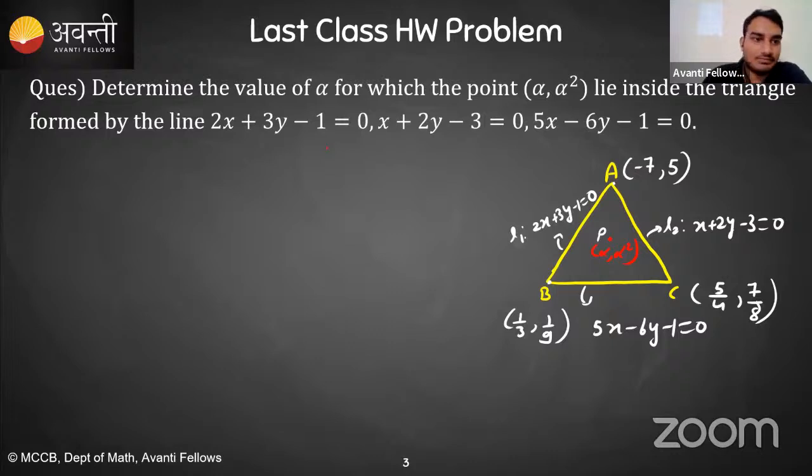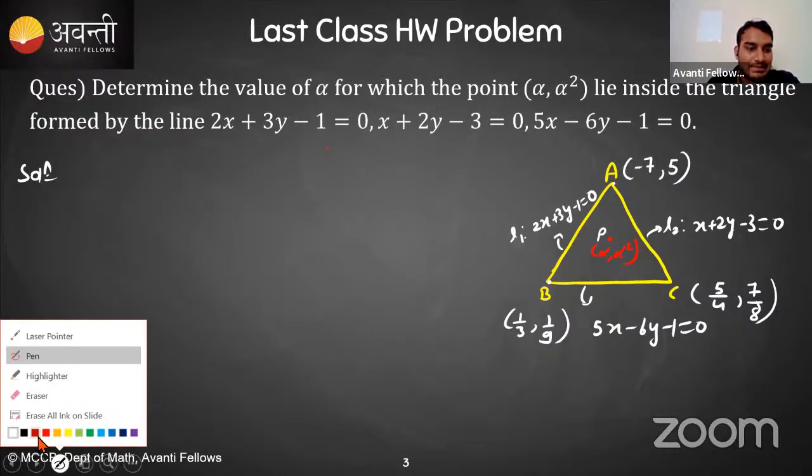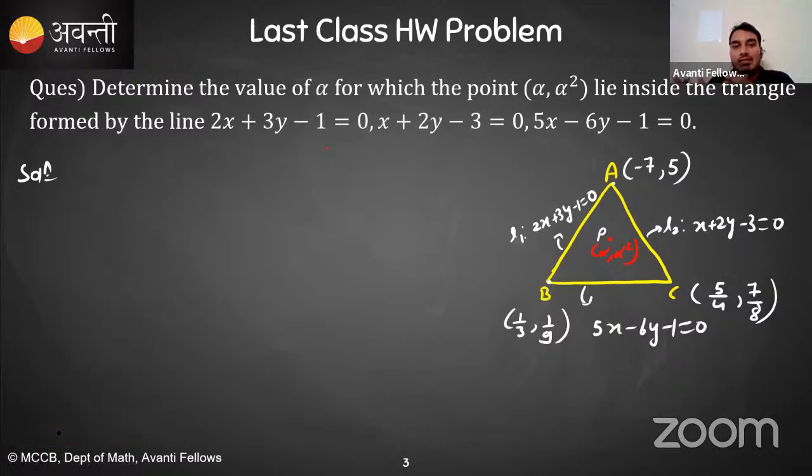Okay, so tell me students, in the last class, what did we see? We saw the position of a point with respect to a line, right? I said that if 2 points are on the same side, then if you put those 2 points in the line, you will get the same sign.